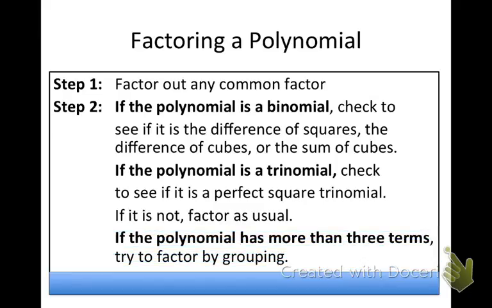All right. So binomial, we're checking one of these 3. Trinomial will factor as usual. We'll use that rainbow method. Again, that is not an official term, that's my own term.